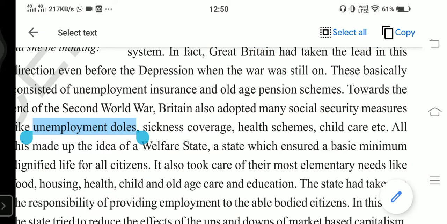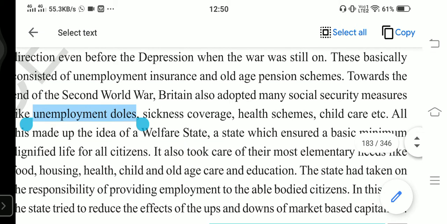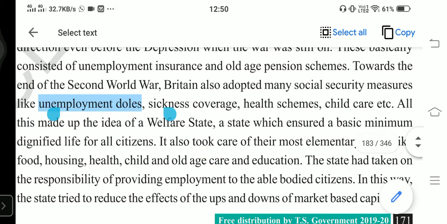Workers who are sick were given sickness coverage. Workers in industries and the government sector were also given health schemes. Health schemes were established there. Workers in industries also need care for their children, so child care was also adopted by the government. These are all part of the welfare state.